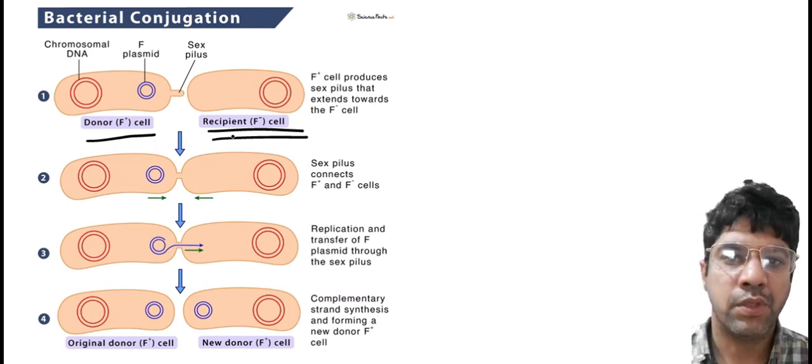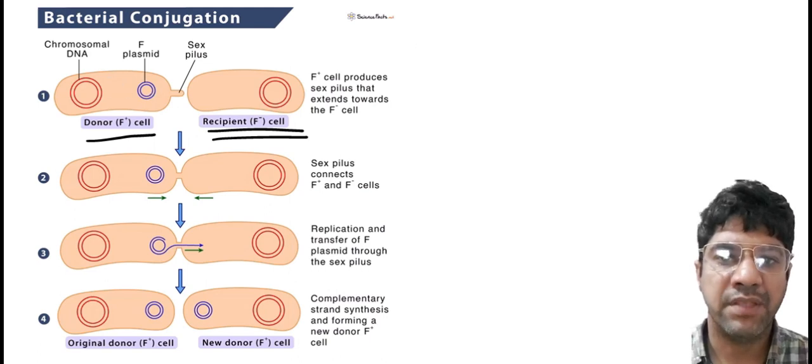So conjugation involves the transfer of genetic material, especially the plasmid, from one bacterial cell to another. Plasmids, we know, are extrachromosomal circular DNA molecules that can carry various genes, including those for antibiotic resistance.